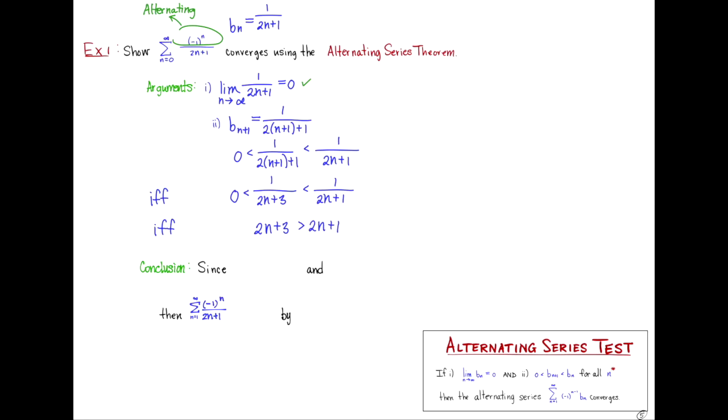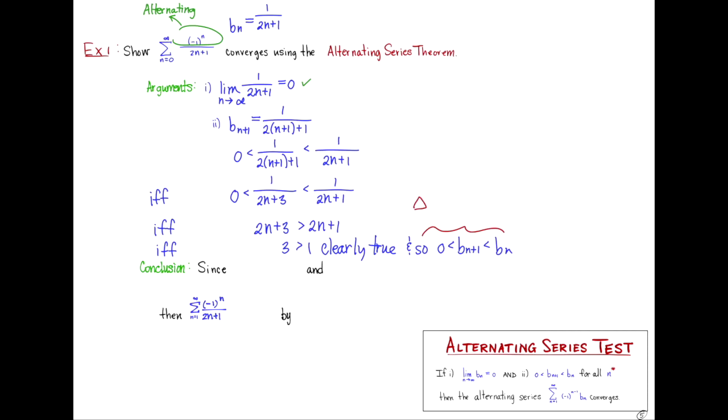The 2n's on both sides cancel out, so this is true if and only if 3 is greater than 1. This is clearly true. And so we can say that 0 is less than b sub n plus 1 less than b sub n.